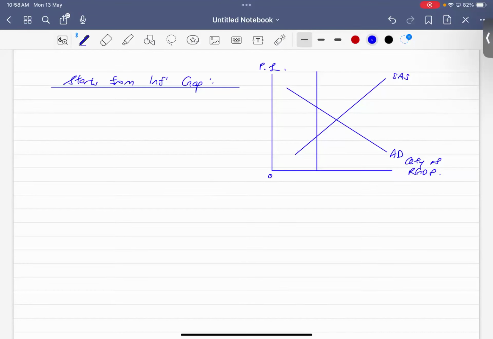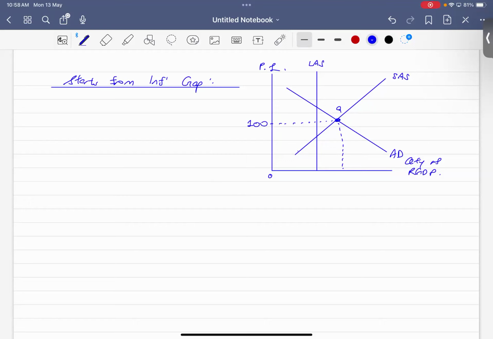Why? Because you are having inflationary gap. That means you see your point A is here. Your point A is beyond the capacity of the economy. Do you realize that? So point A here, at this price level of 100, you are operating beyond the full capacity. LAS here means potential GDP, your full capacity.